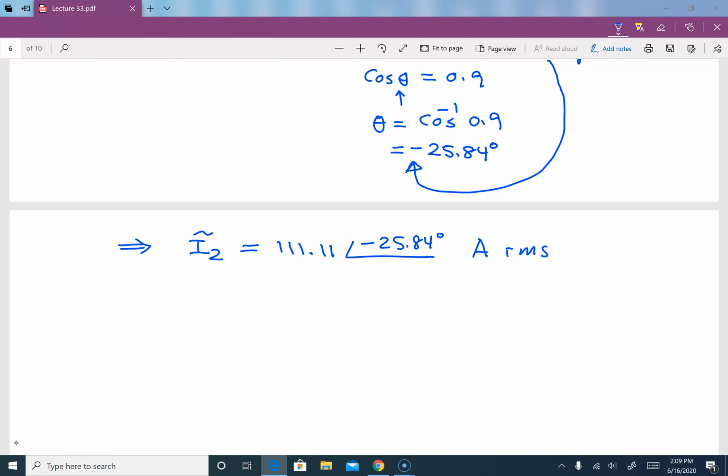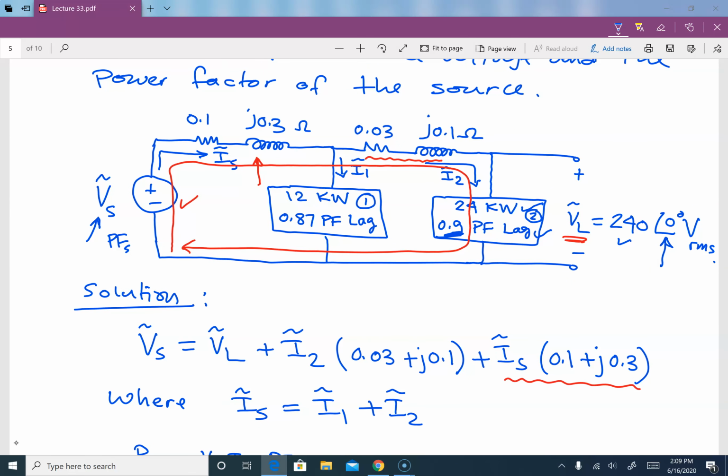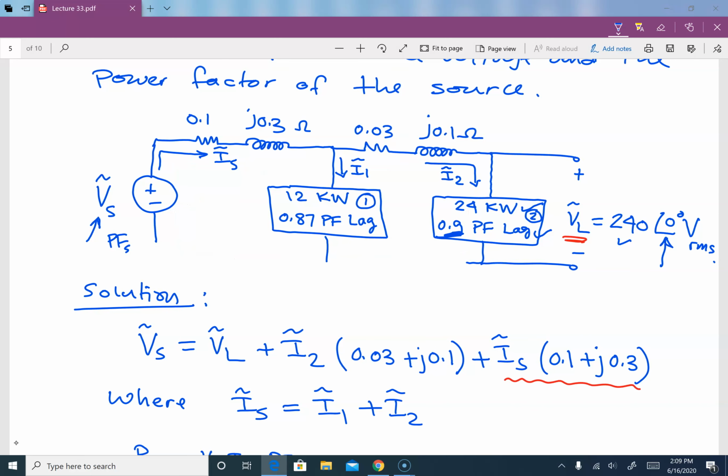Since I2 is known now, I can find the voltage across this load, which I call V1.